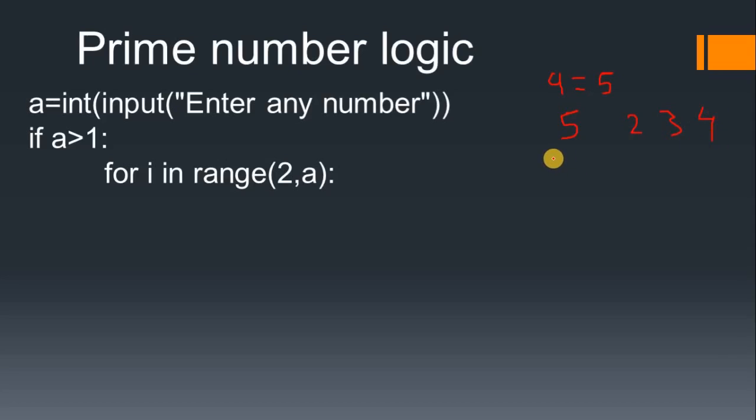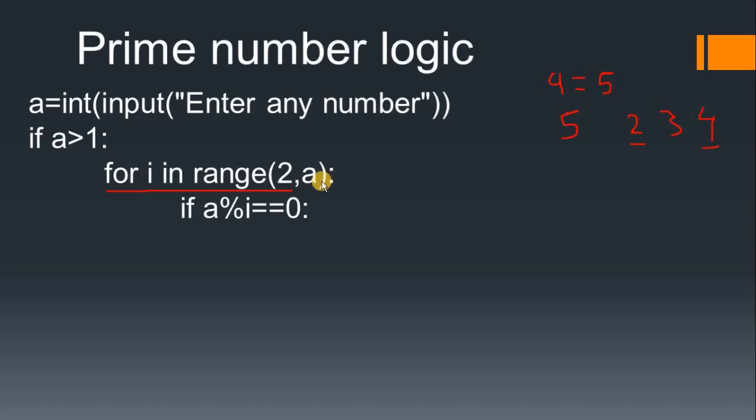If it is not divisible, then it will be a prime number. The first number starts with 2 and goes to n minus 1, that is 4. That is the reason we have used the statement for i in range 2 to a. Why have we written that? Because we are going to divide this number by 2, 3 and 4.